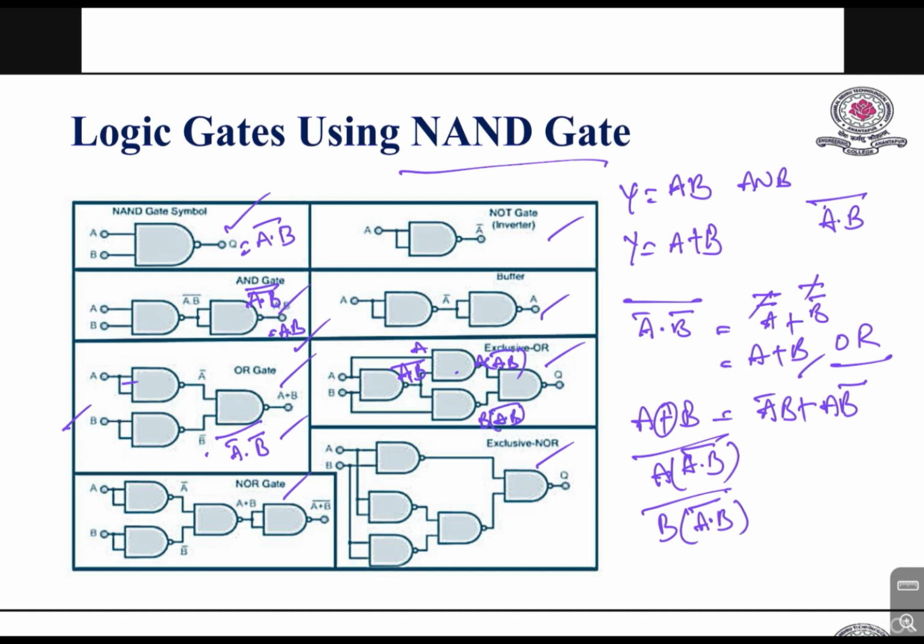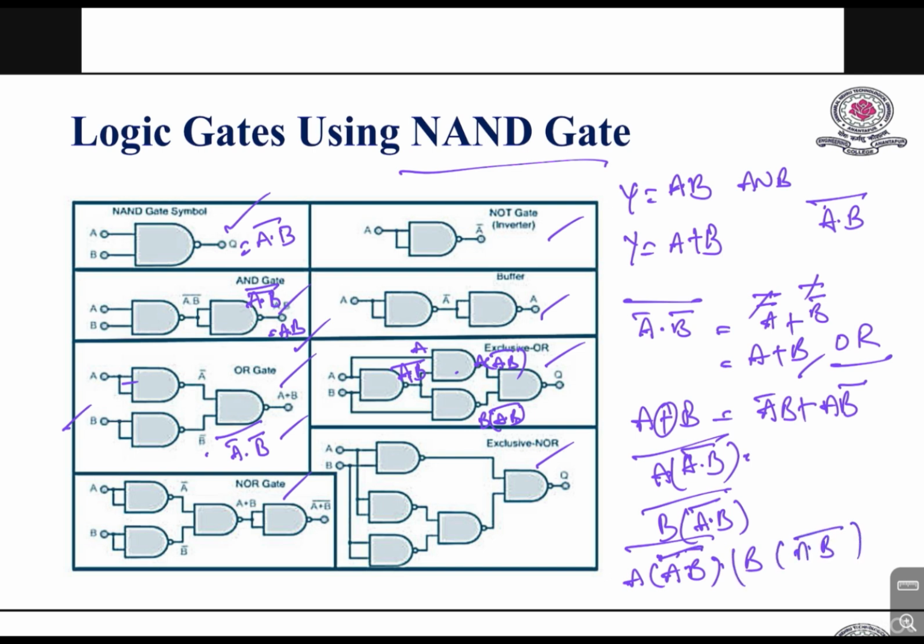And again if we combine these two like an AND operation, we'll get A dot (A B bar) and then B dot (A dot B whole bar).